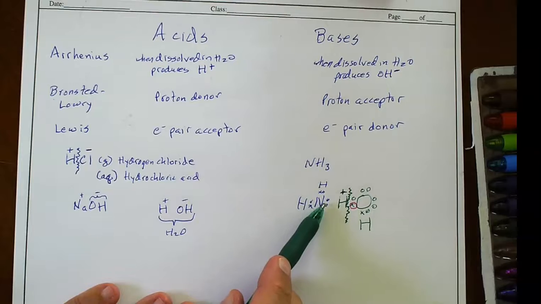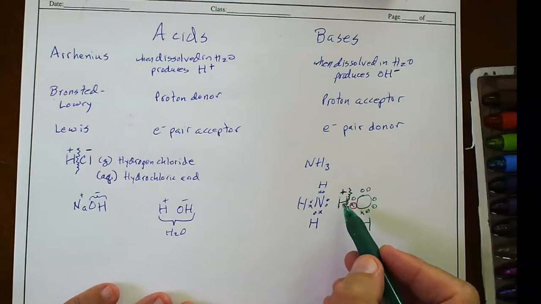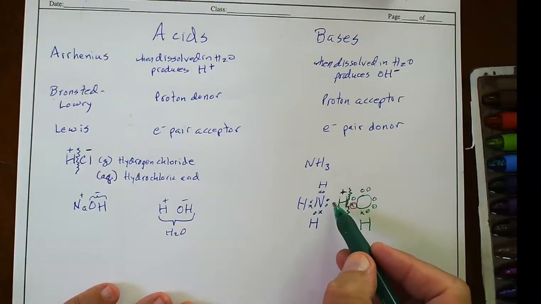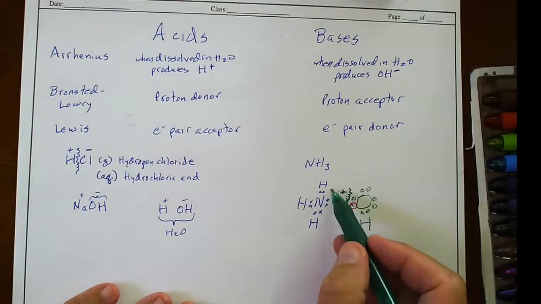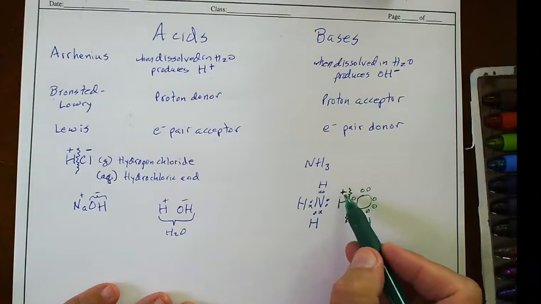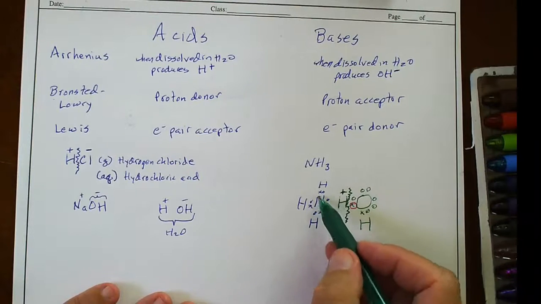This hydrogen is going to move over here and bond on these 2 electrons. That's something we call a coordinate covalent bond. So now instead of NH3, we'll have a 4th hydrogen. We'll have NH4 with a positive charge, one of our polyatomic ions called ammonium.